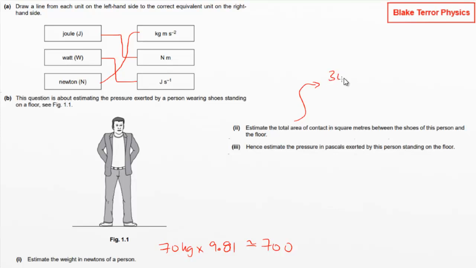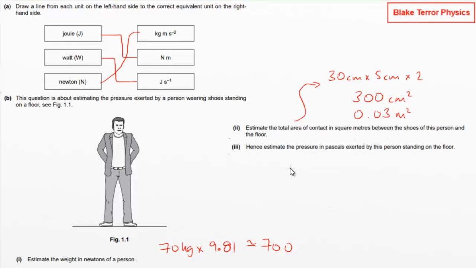So we've got 30 centimeters by 5 centimeters, and then you've got 2 feet, so that's about 300 centimeters squared. Oh, we want this in square meters, actually. So that's going to be 0.03 square meters.